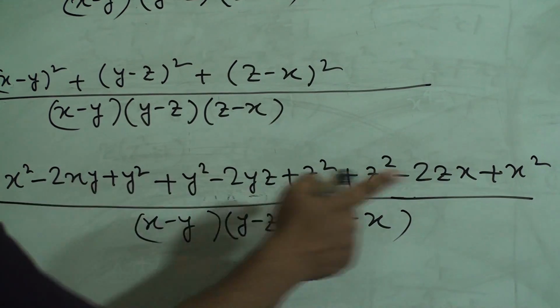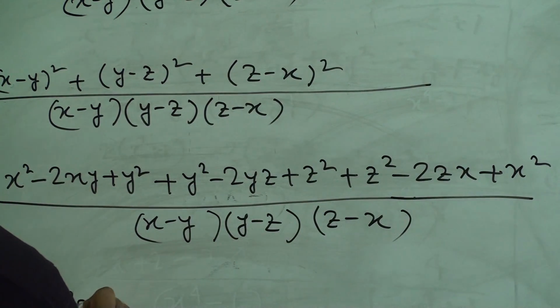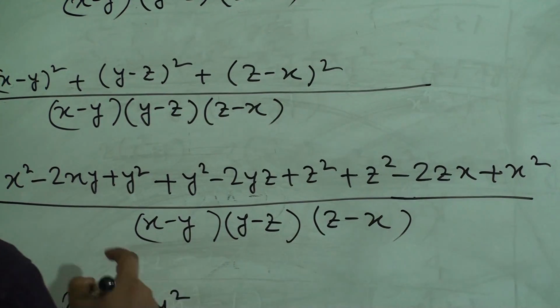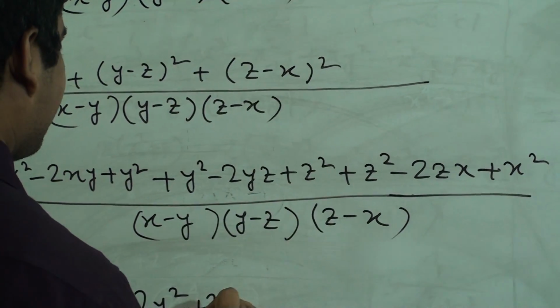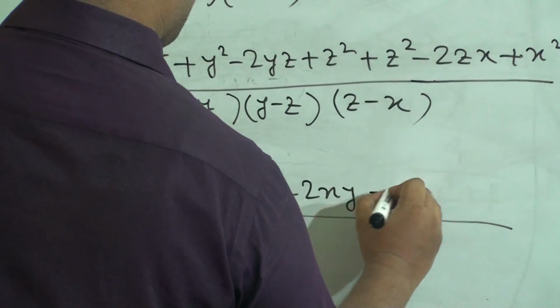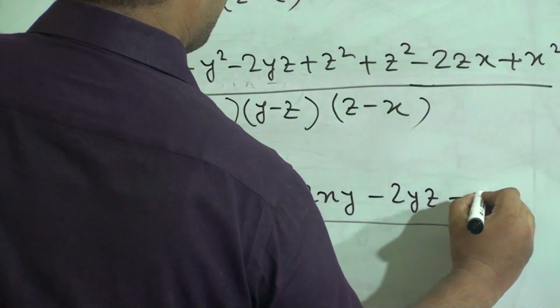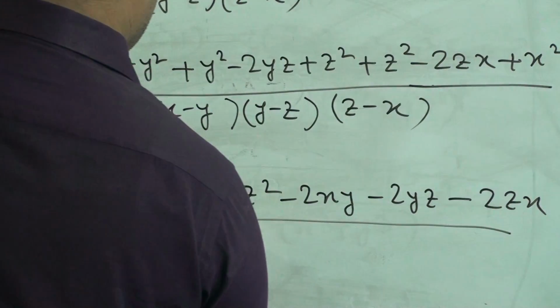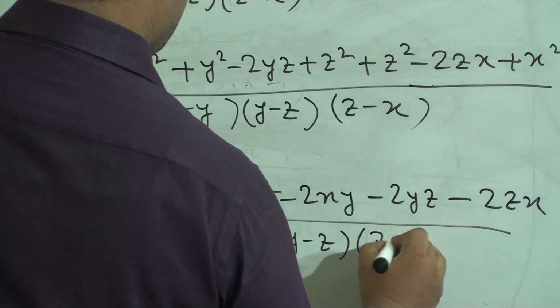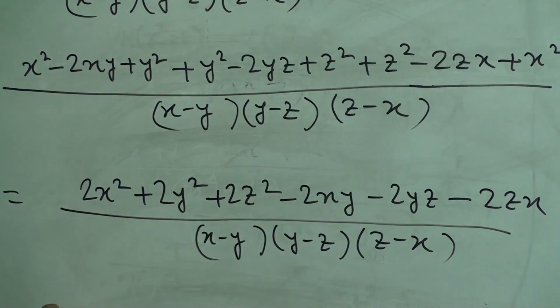Now x square, that means 2x square, y square, that means 2y square, z square, that means 2z square, minus 2xy minus 2yz minus 2zx, by x minus y, y minus z and z minus x.